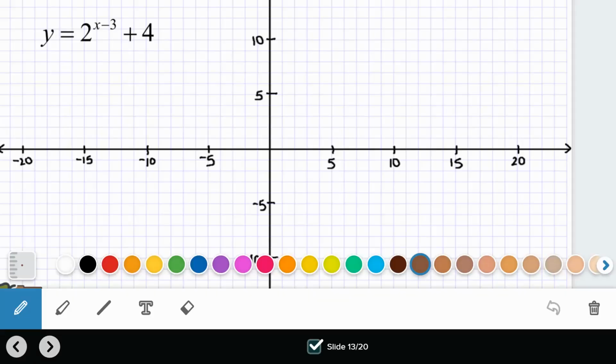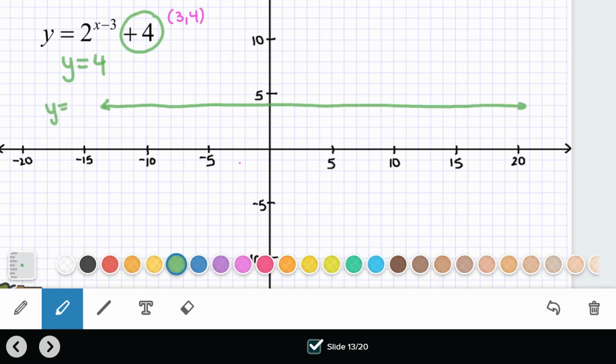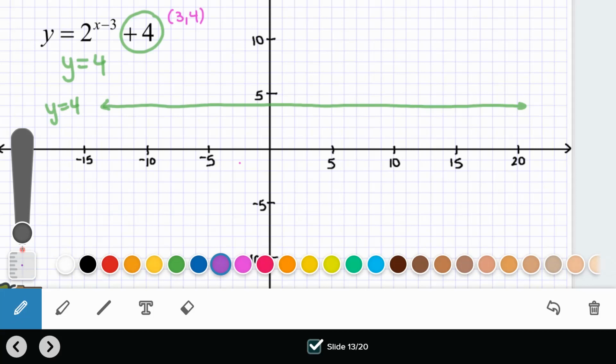Another exponential graph. This one has a locator point at 3 comma 4. And what I'm going to be concerned with is my asymptote is going to be at y equals 4 because of that plus 4. So let me draw that in. And now what I'm going to do is, again, that locator point, make this a little thicker. That locator point is going to be at 3 comma 4, which is going to be right here.